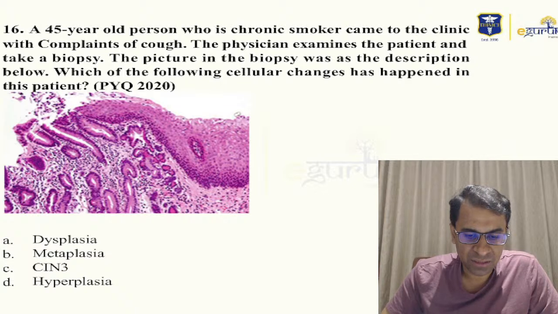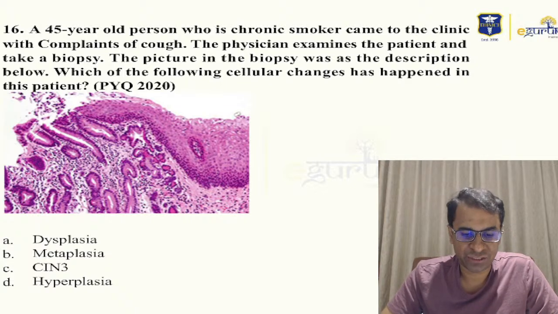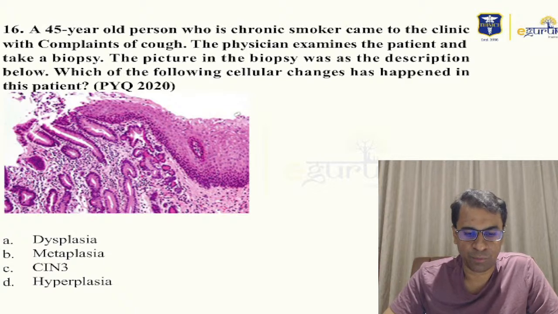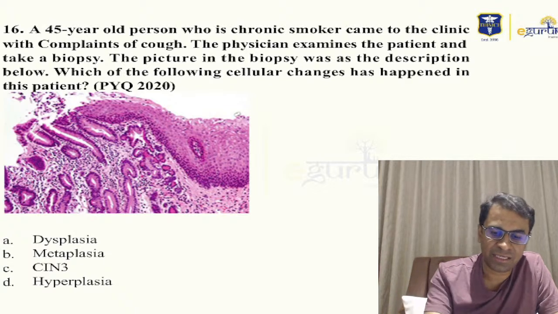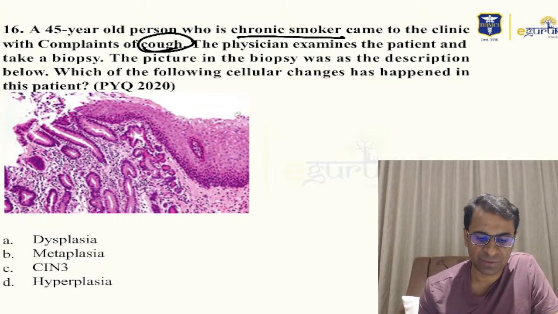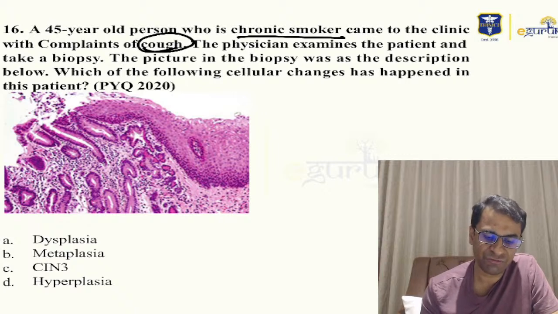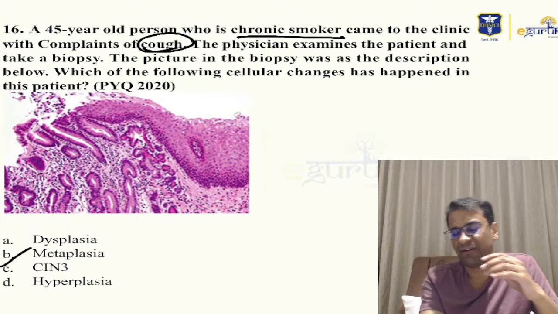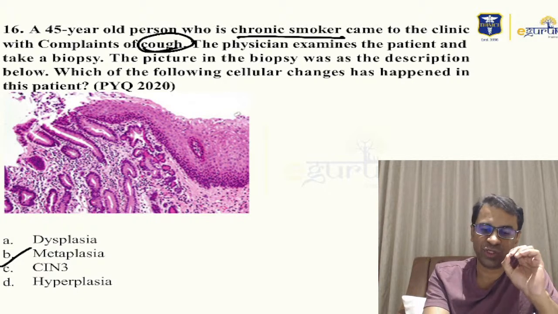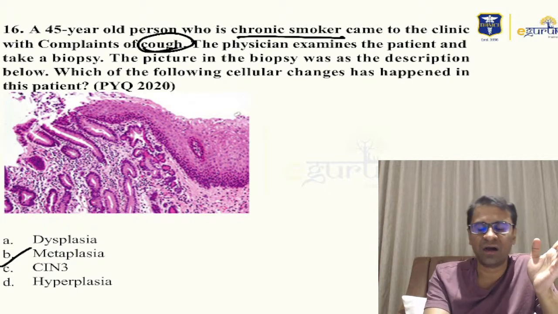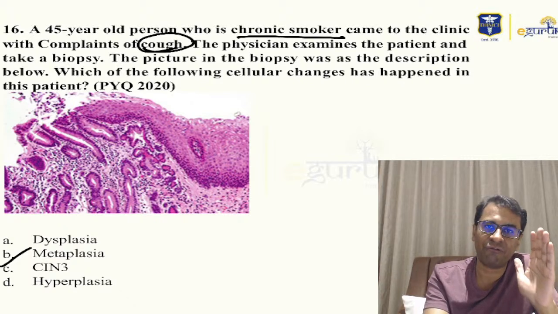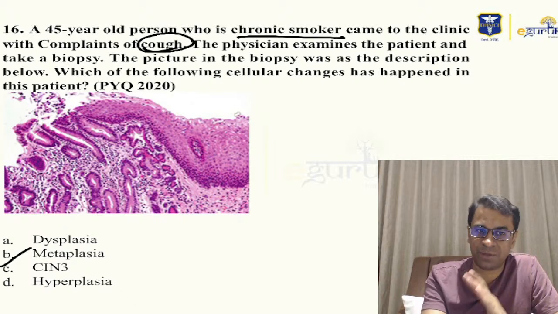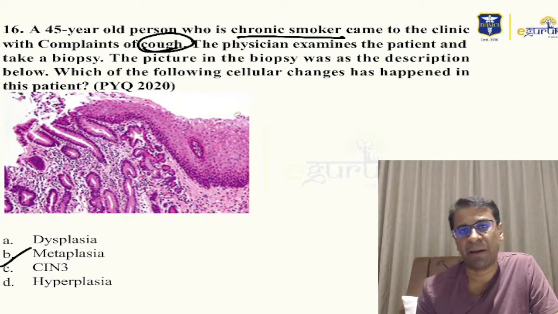A 45-year-old person who is a chronic smoker came to the clinic with complaints of cough. The biopsy has been shown below. Now this is a chronic smoker who has cough with sputum production. What is it? It's a case of metaplasia. Actually, this is not a very well framed question. It should be squamous metaplasia of the respiratory system, but the image given here is of Barrett esophagus.